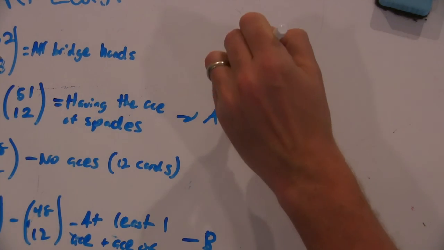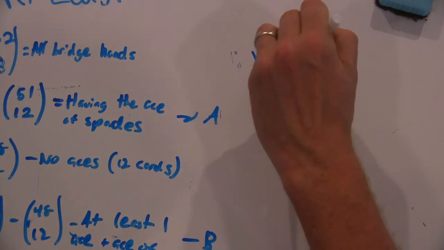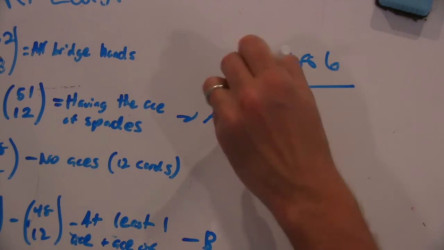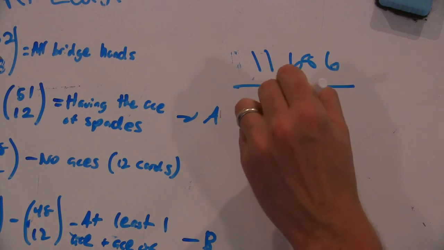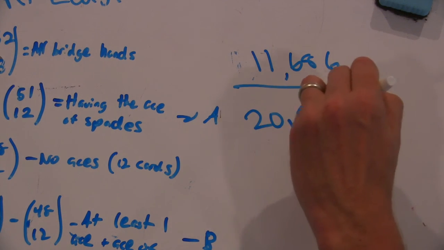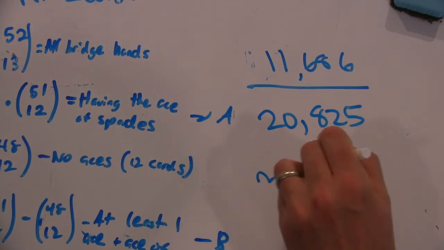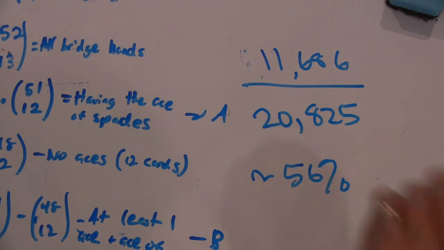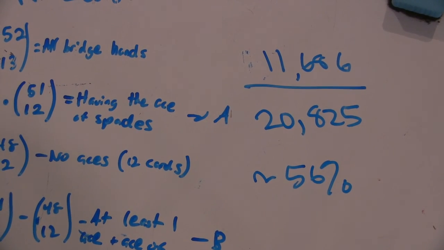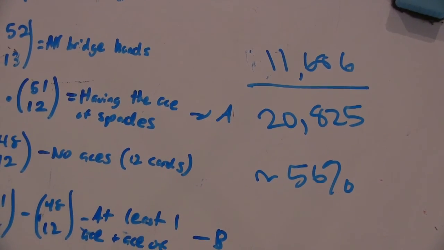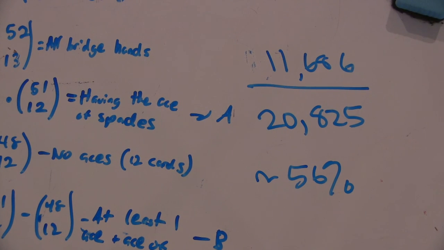Right. We're hoping this is going to be 11,686 out of 20,825, which is about 56%. All right. Cool. Okay, so why don't we check that on the computer, and then we have a little simulation that we wrote. Okay.